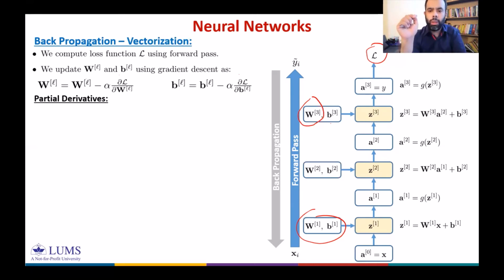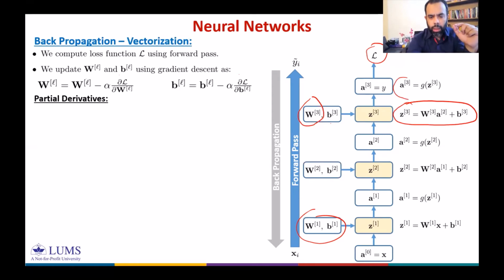So the equations that define the relationship between the loss function and W3 are this equation, and the equation of the loss function that relates the true label and A3.